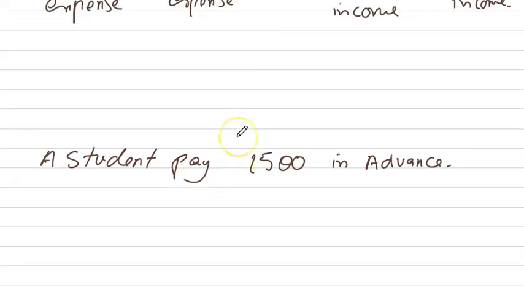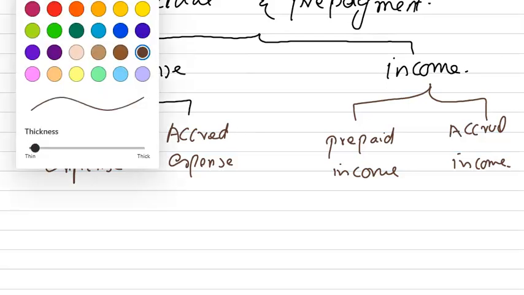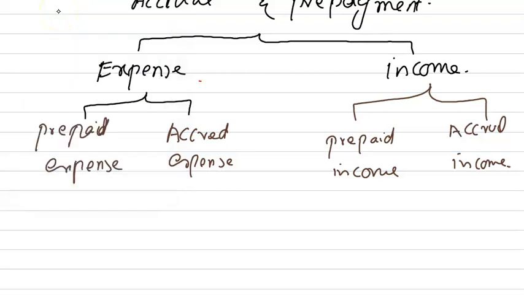Assume this is the student, and this is the institute to which they pay. Let's say KSA, this is the name of the institute.